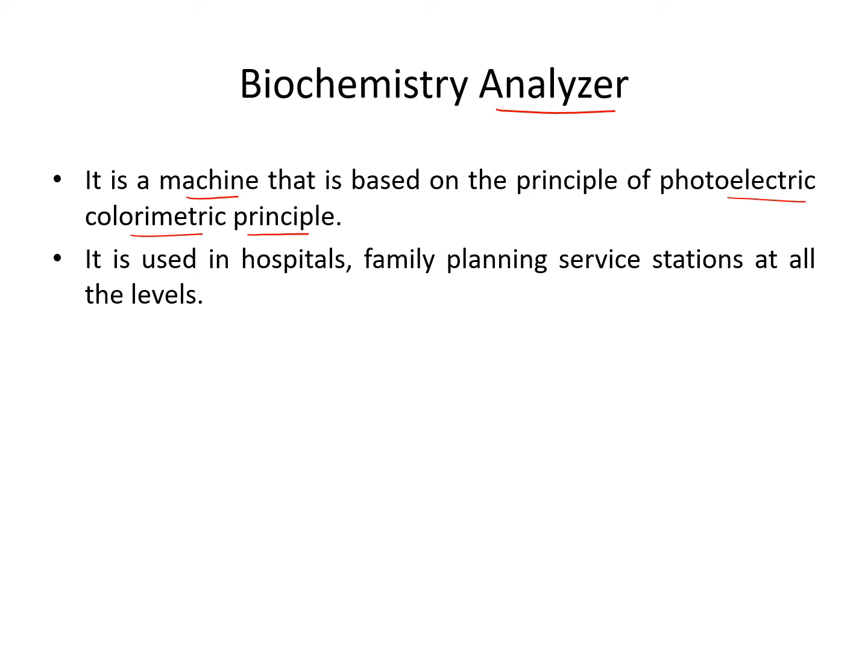So it is also called the colorimetric principle, and photoelectric photometry. Photometry is based on the principle of Beer's law and Lambert's law. We will discuss in another lecture what Beer's law and Lambert's law are. For now, we will just remember that these analyzers are based on the photoelectric colorimetric principle.